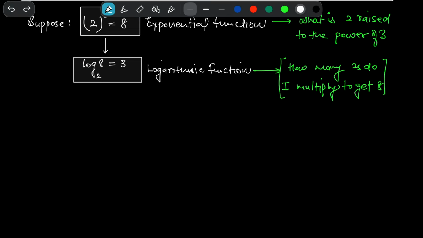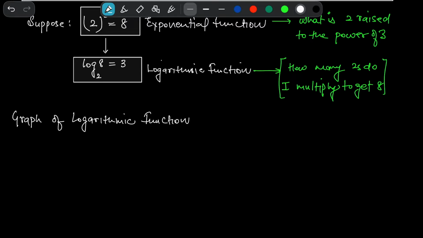So now we have reached the next topic of this video, that is the graph of logarithmic functions.